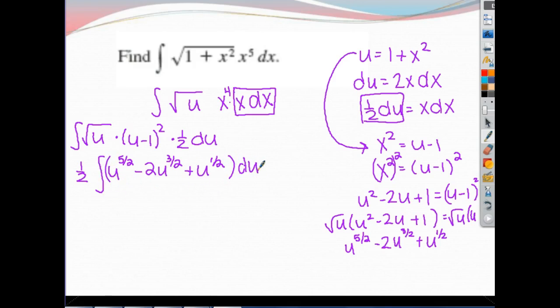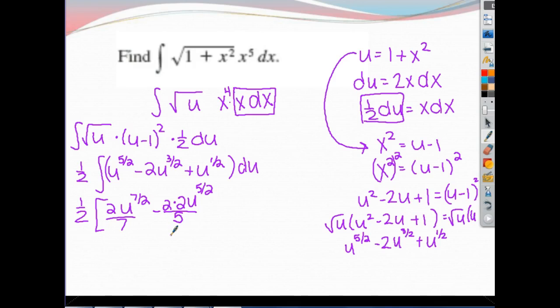Can I antiderive that now? Yep. So, add 1, divide by your exponent. Add 1, divide by your exponent.